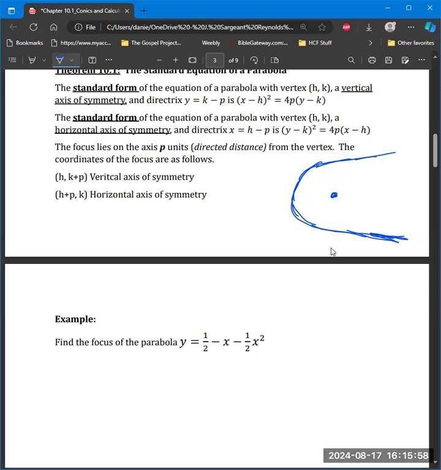Like with a headlight, I want the light to go straight out, right? So there's this light source that I want to make it so that all the light that comes from this light source that comes out in all different directions, if I do this right, it's all going to come out this way.